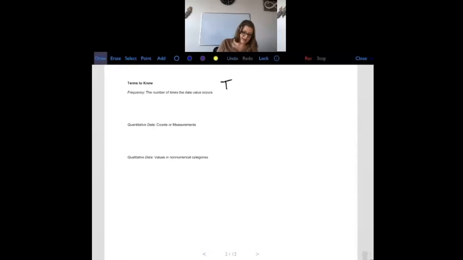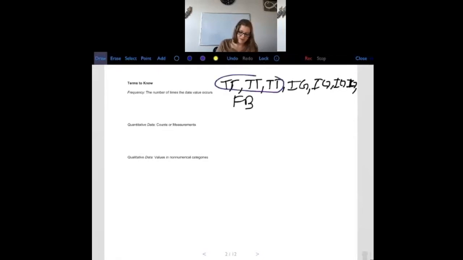Let's say I get 3 people that say TikTok, 4 that say Instagram, and then Facebook, if that's still around. In terms of frequency, the number of users that prefer TikTok would be 3, so the frequency of that data value is 3. The frequency of Instagram would be 4, and the frequency of Facebook would be 1.